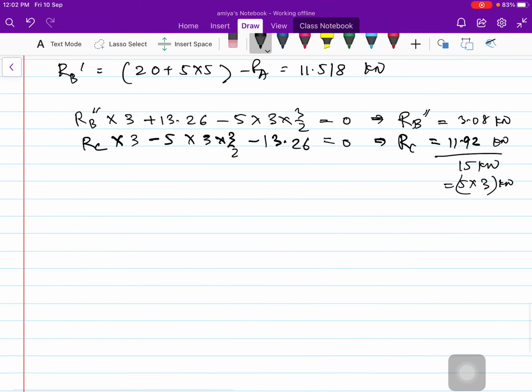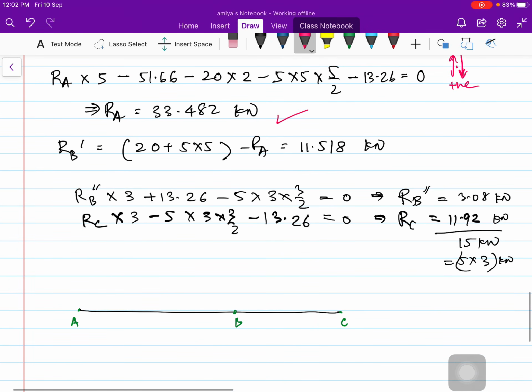Again I'll draw this span. Let me put this as point A, this is point B, this is point C. At A we have the reaction 33.482, so here positive.